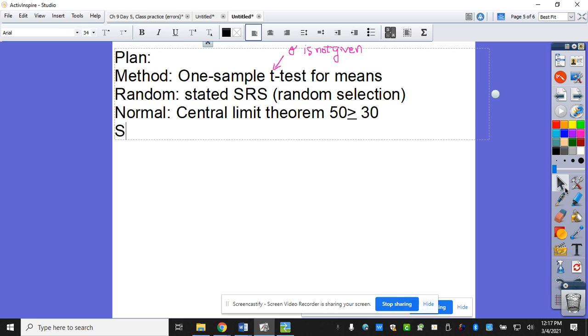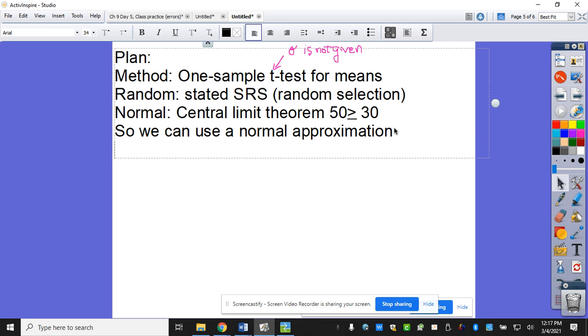And then write what? The things to look for right now are if somebody forgot to write sigma is not given, if somebody forgot to write random selection, and if somebody forgot to write we can use normal approximation.